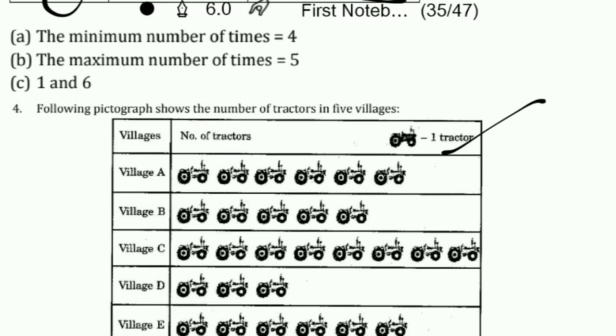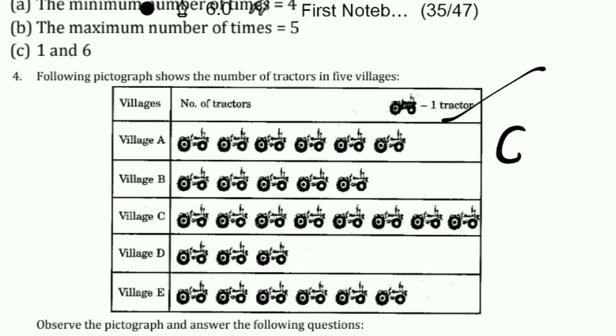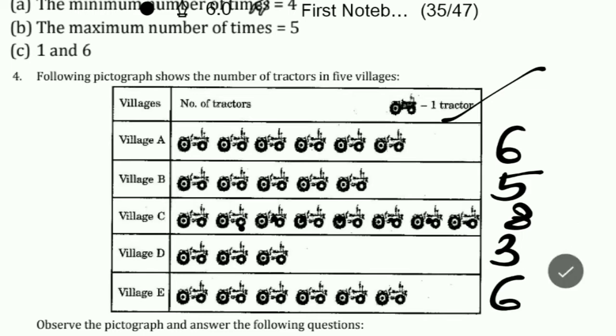So we will write there 6. Next 1, 2, 3, 4, 5. So we will write there 5. Next 1, 2, 3, 4, 5, 6, 7, 8. 8. Then 1, 2, 3. Then 1, 2, 3, 4, 5, 6. So like this we have to write.